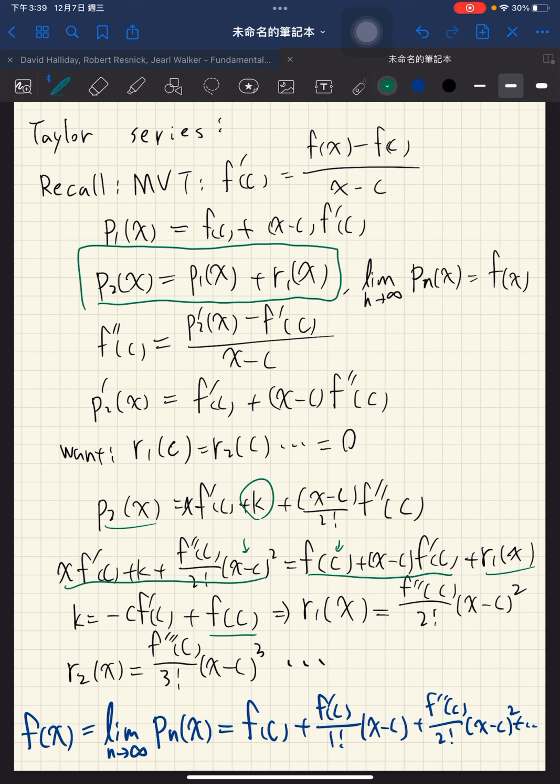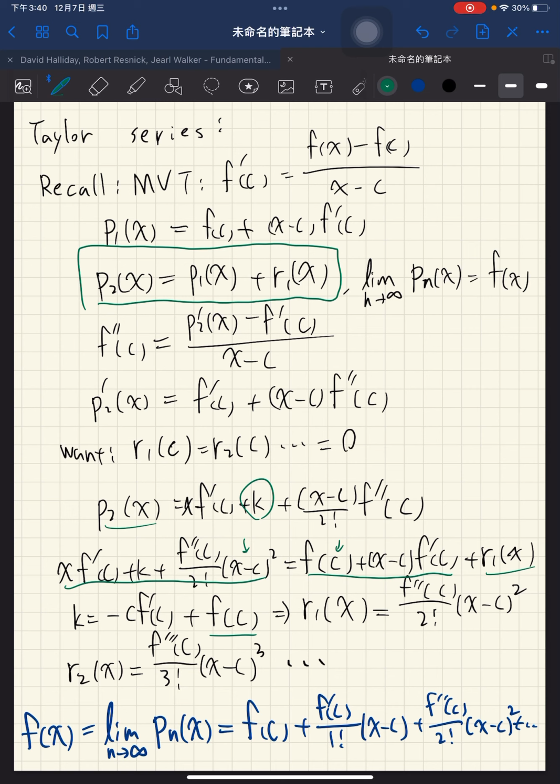And finally, we will get R1 of x is equal to the second derivative of f at c over 2 factorial times x minus c squared.